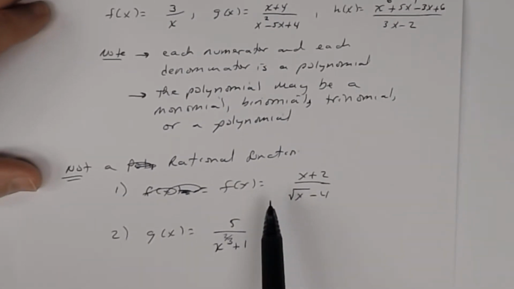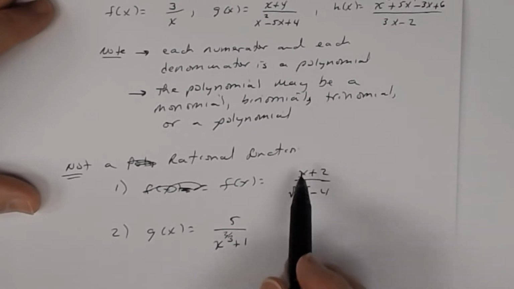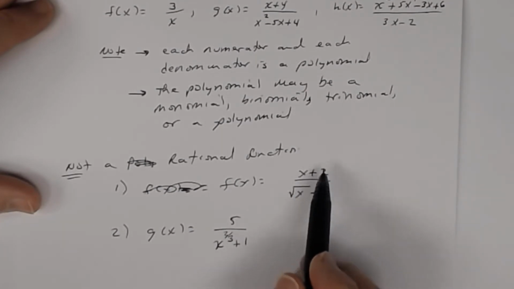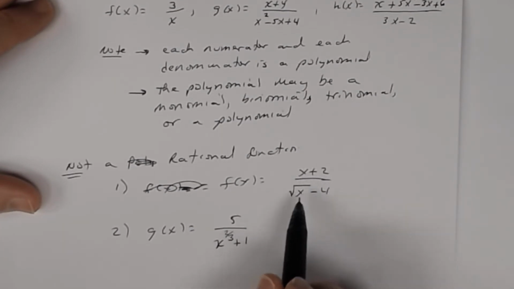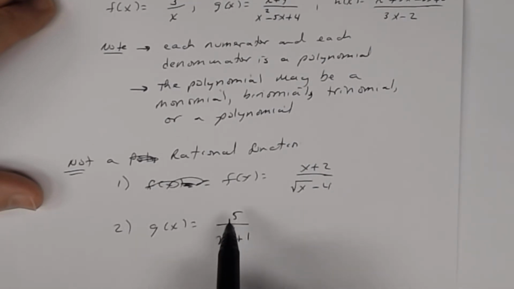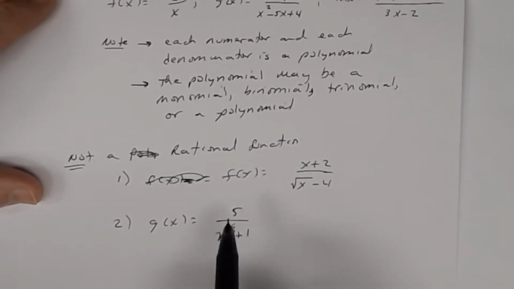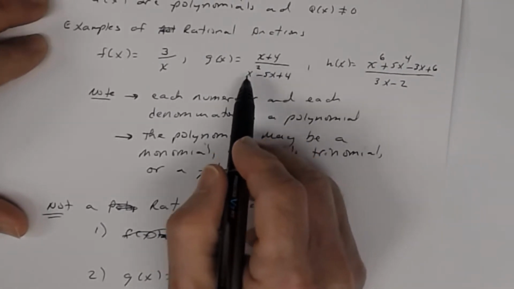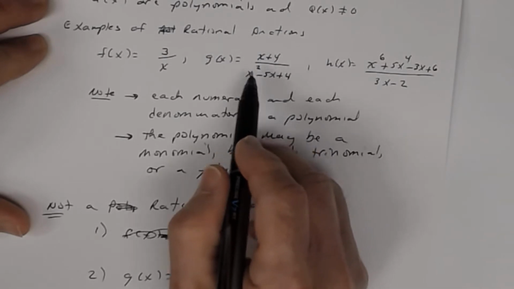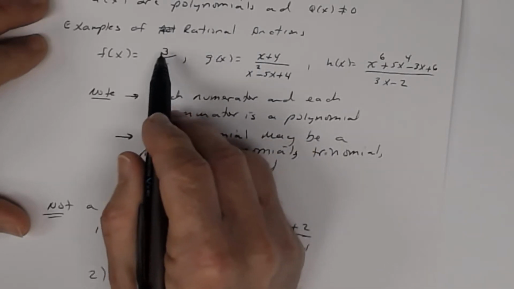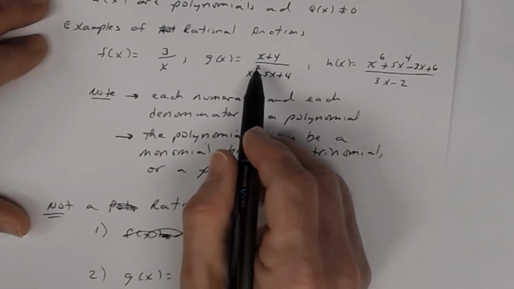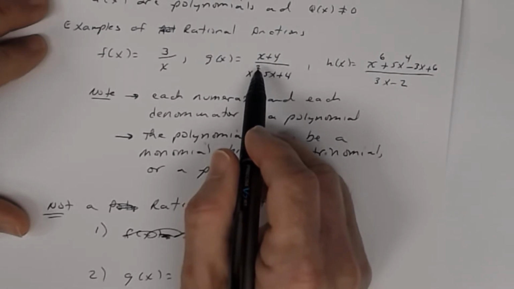This is not a rational function. Even though the numerator is a polynomial, the denominator is not. Same thing here. The numerator is a polynomial, it has one term, a monomial, but the denominator is not. So remember, if you look at all these polynomials in the numerator and the denominator, except for the constant, the exponent of all of the variables is a whole number.